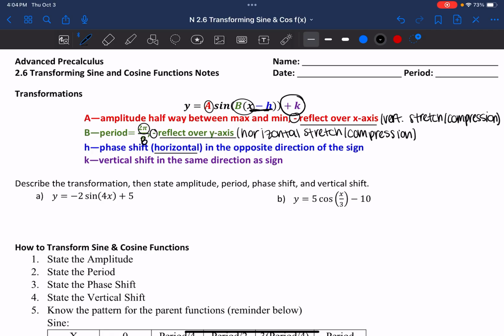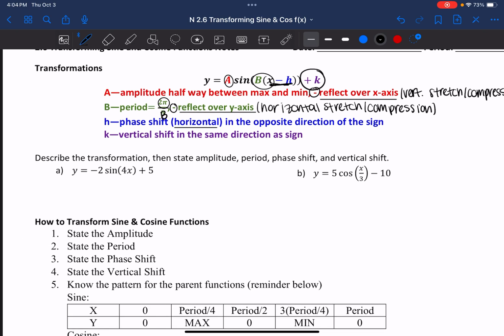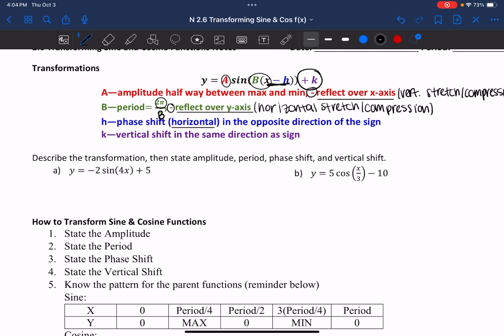So first thing we're going to do is look at these two functions, and we are just going to write out in words the changes that would be occurring here. First, we've got our a value. Here it's -2. So a is -2. And this means two things. The fact that it's negative, remember, means a reflection over the x-axis.